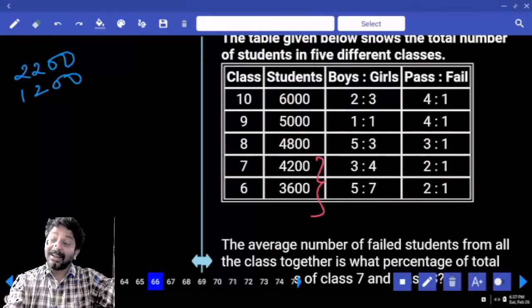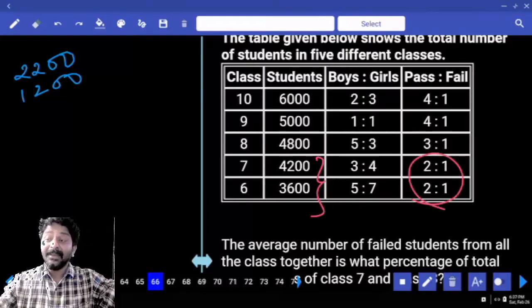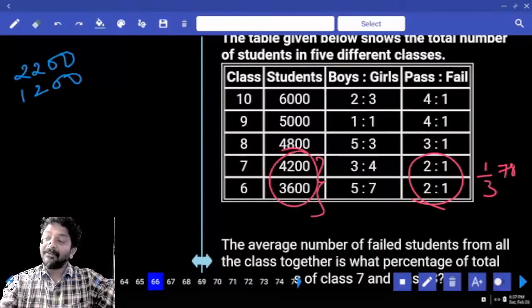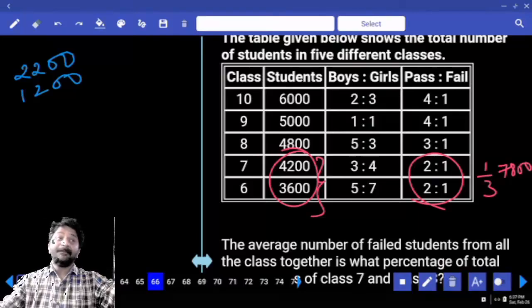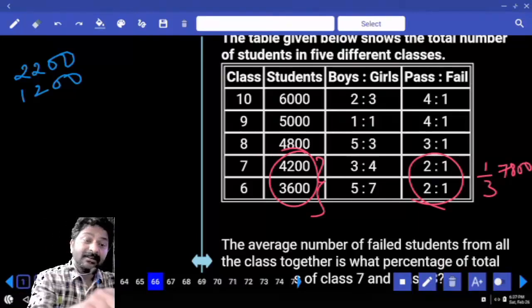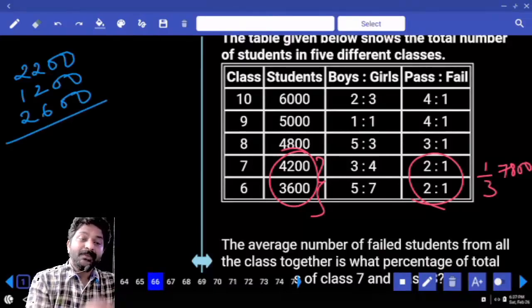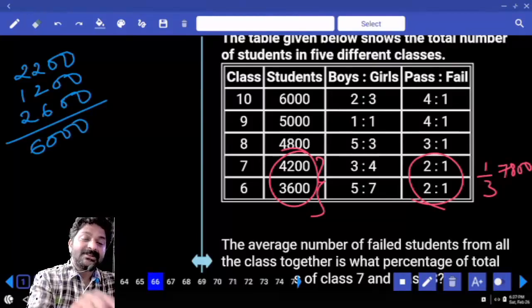Then both together also it will be 2:1 ratio. Here failures are 1/3 only. 1/3 of what? 7,800. How much is that? 2,600. Then the total value equal to 6,000 failures, correct?